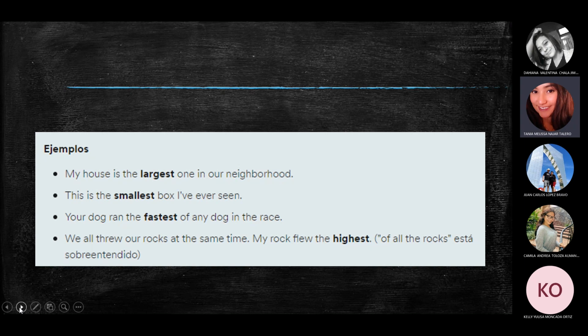But remember a rule: when an adjective finishes with a consonant and y, we change the y for i. Or in some cases, we don't change the y and we put both of them, y and i.